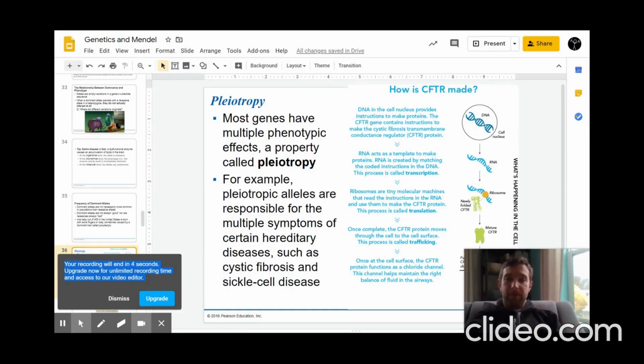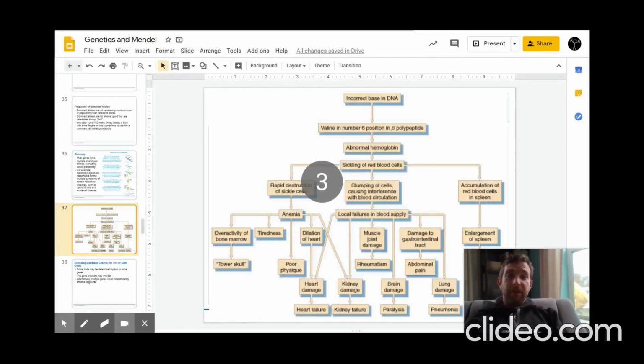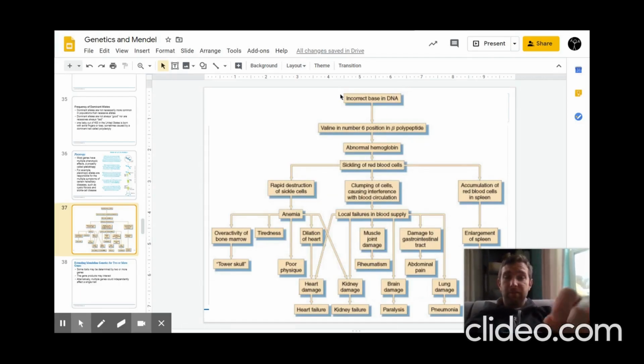Sickle cell anemia is the next one we're going to look at. Sickle cell anemia is another example of pleiotropy. Just like cystic fibrosis, it is produced by a single nucleotide polymorphism. So there's one spot in the DNA that is messed up.